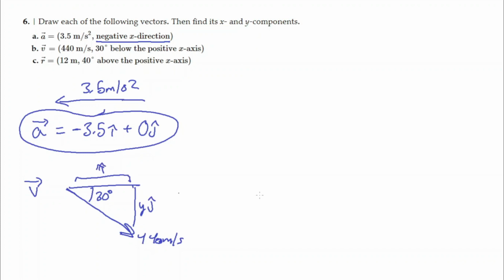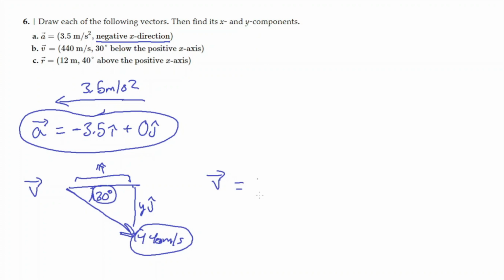So in order to find our components, what could we do? We know the hypotenuse, which is 440, and we know the degrees. To find the x component, knowing 30 degrees and 440, we have to use cosine here because the x component is adjacent and we know the hypotenuse.